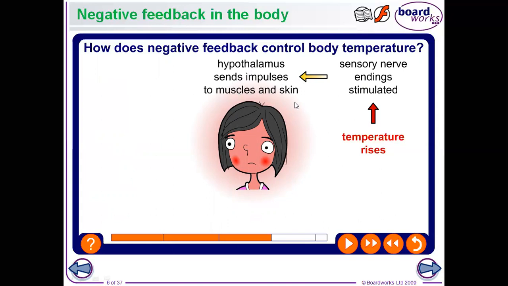Okay. Now, after stimulation of the neuron endings of the hypothalamus and the impulse goes to the muscle, what will happen?